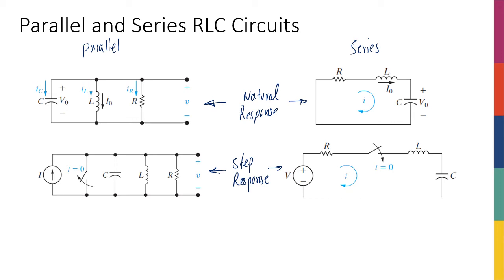One thing I wanted to mention before going to the next slide is that, similar to RL and RC circuits, whenever I have an R here, it doesn't necessarily mean that I have a single resistance there. It really means the Thevenin equivalent resistance of the rest of the circuit.